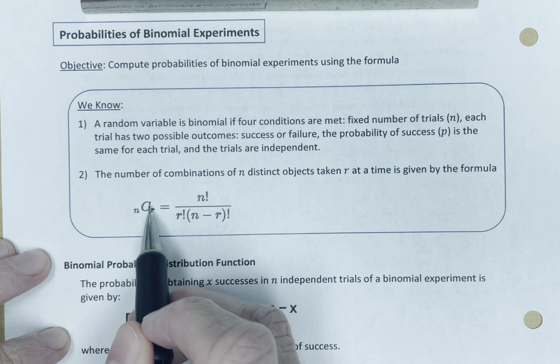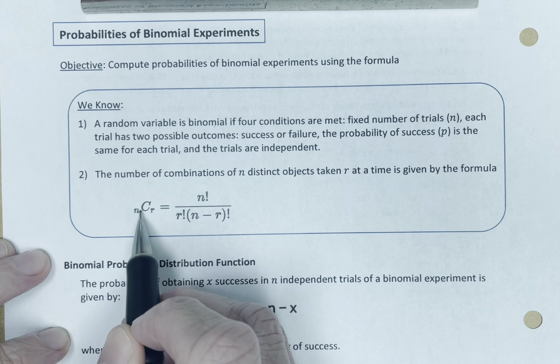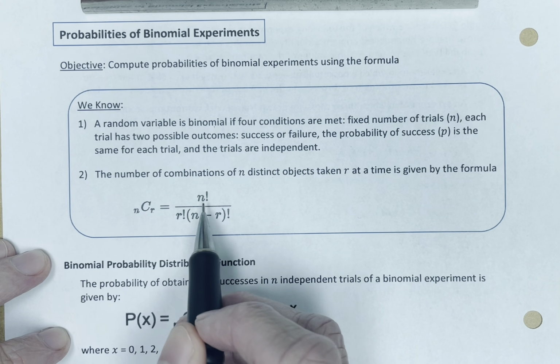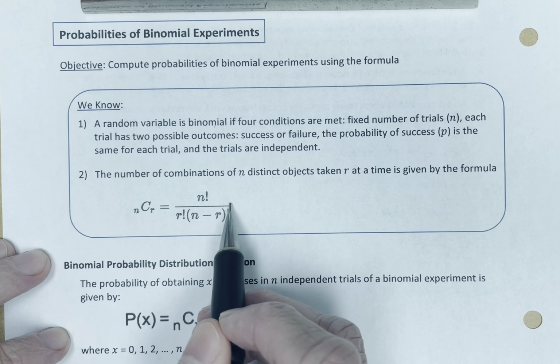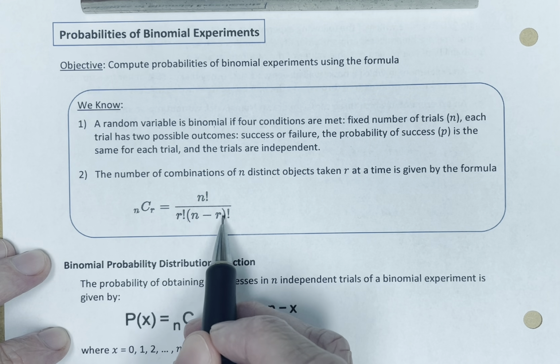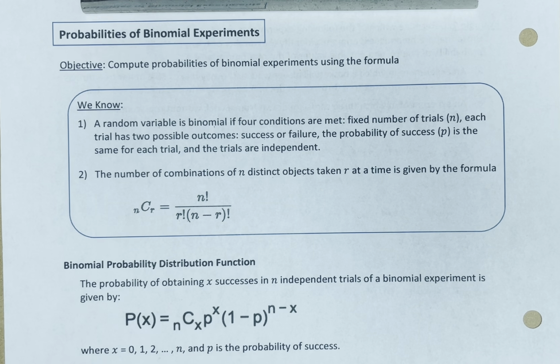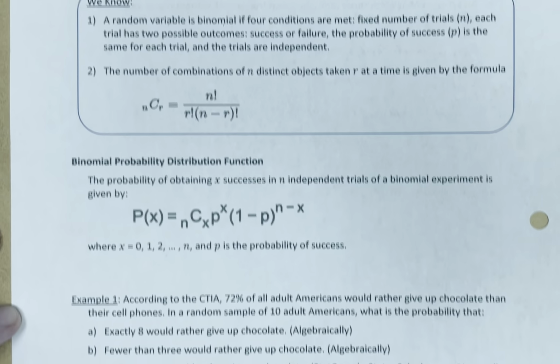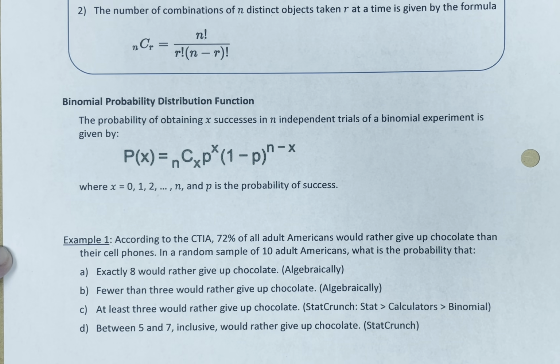So the combination for n objects taken r at a time is n factorial divided by r factorial times the difference n minus r factorial. We're just going to give you the formula and make use of it. I'm not even sure I know how to derive the formula.